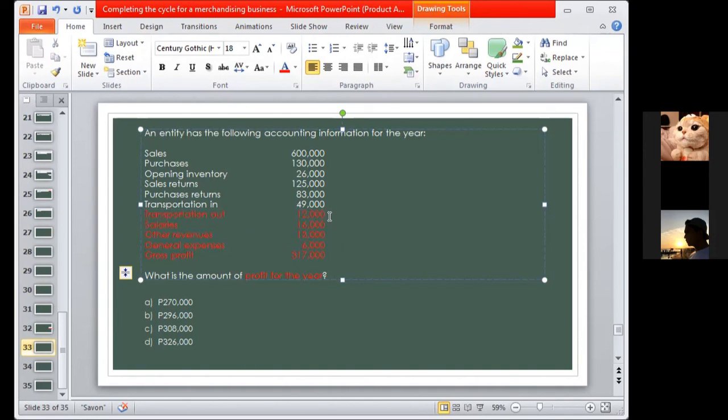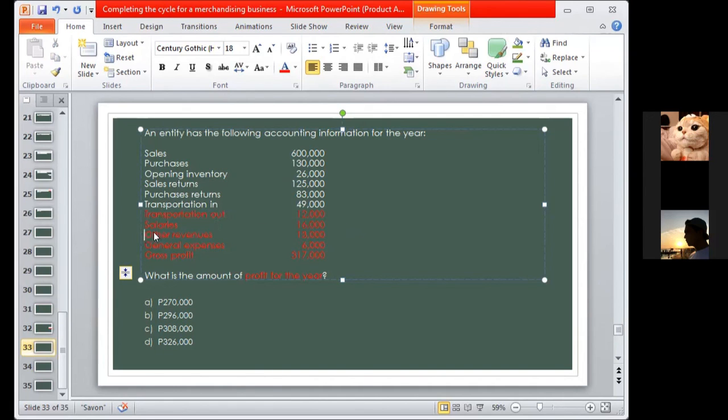Napag-aralan nyo na ba yung selling expense, administrative expense, other expenses? Itong transportation out ay selling expense, itong salaries depende kung sa selling or administrative, pwede maghati. Itong general expense, I think sa administrative.